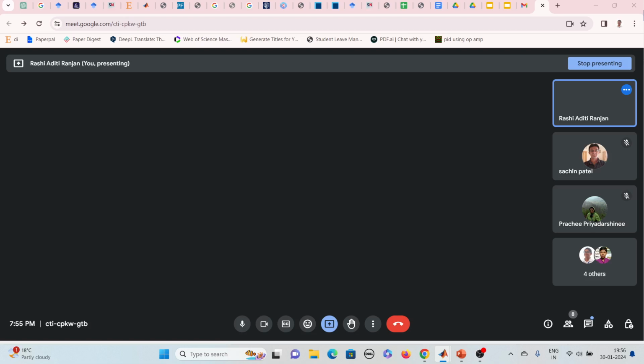So z of colon comma 1 actually takes all the rows of the first column. If it is colon comma 2, it is going to take all the values of column 2, and if it is comma 3, then all the values of the third. Okay, so I'll just run this and see what result comes. Okay, there was an error.